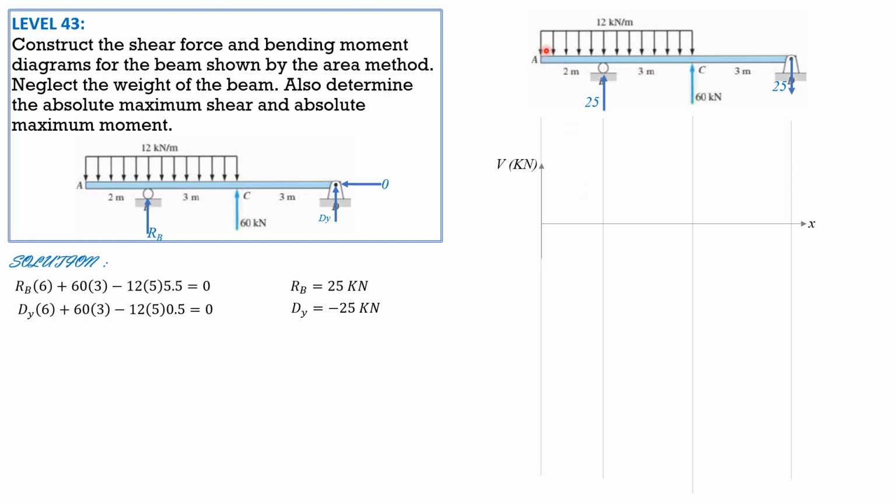So 0 minus 12 times 2, so negative 24, plus 25, so 1. 1 minus 12 times 3, 1 minus 36, negative 35, straight line again, negative 35 here, plus 60, 25. Then no change in loading, no change in shear, horizontal. Then minus 25, 0.